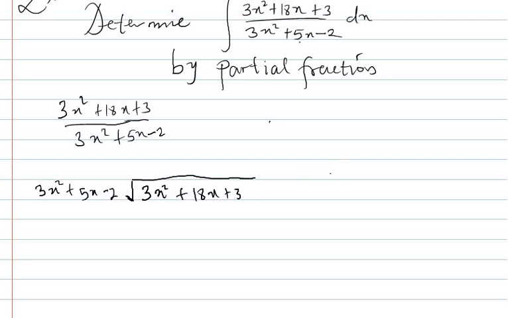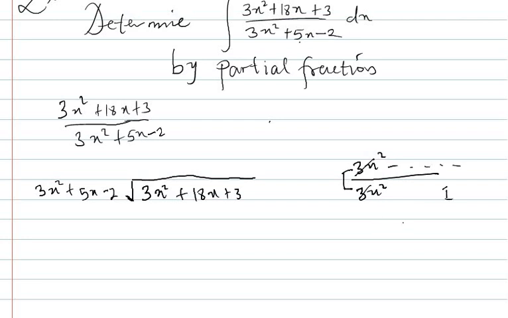Assuming we have 3x squared at the top and 3x squared at the bottom, this divided by this cancels, so we have 1.